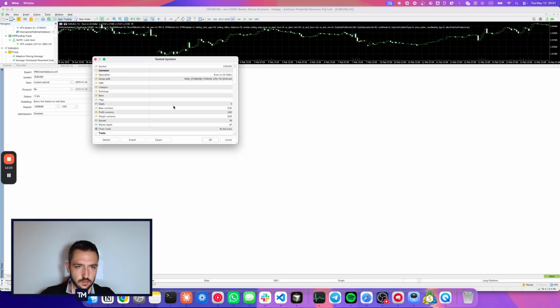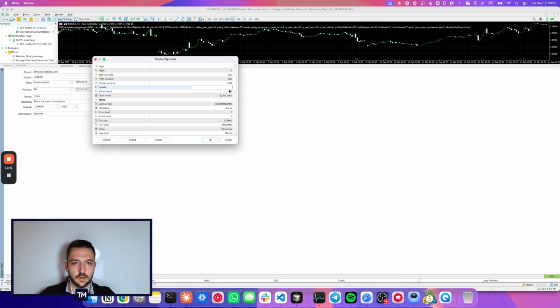So when you click here, you're going to see information about your symbol. So the description is euro versus US dollar. If you go here, for example, under the spread, we talked about this. Here you can put a fixed spread of 3 pips, or you can put the floating.